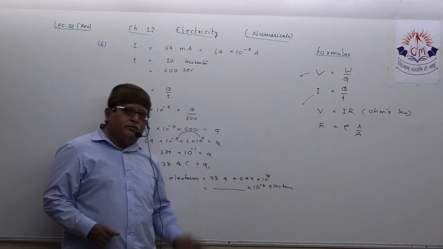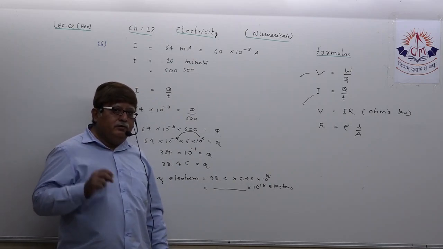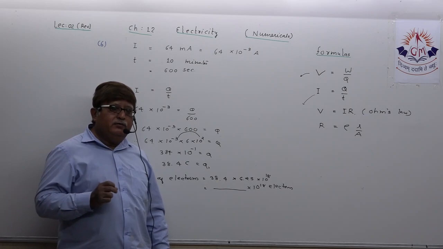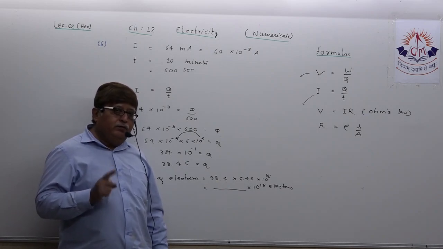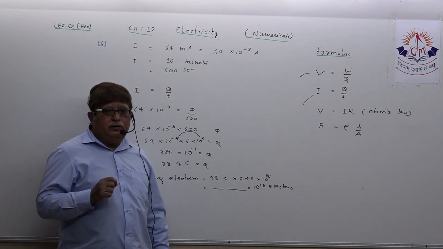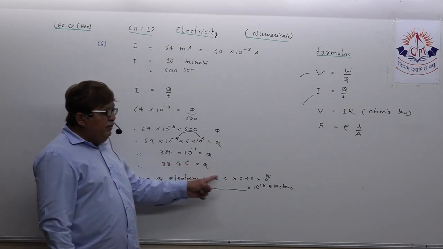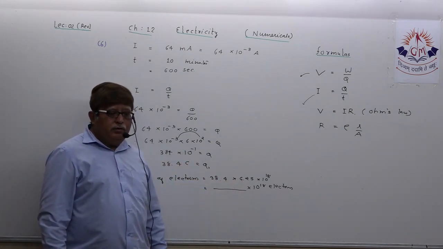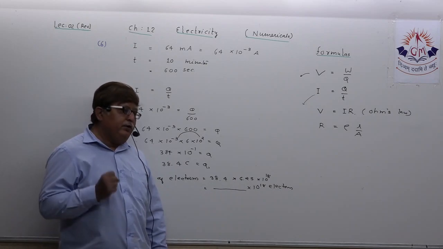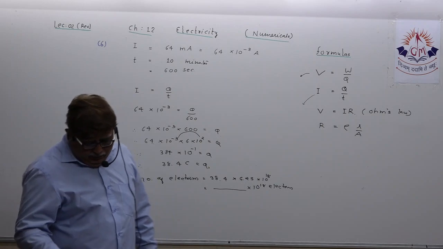But because the time factor is already in consideration here, you have to first target the formula I equals Q upon T. Find Q and then relate Q with the number of electrons. So this way you have to be conscious.